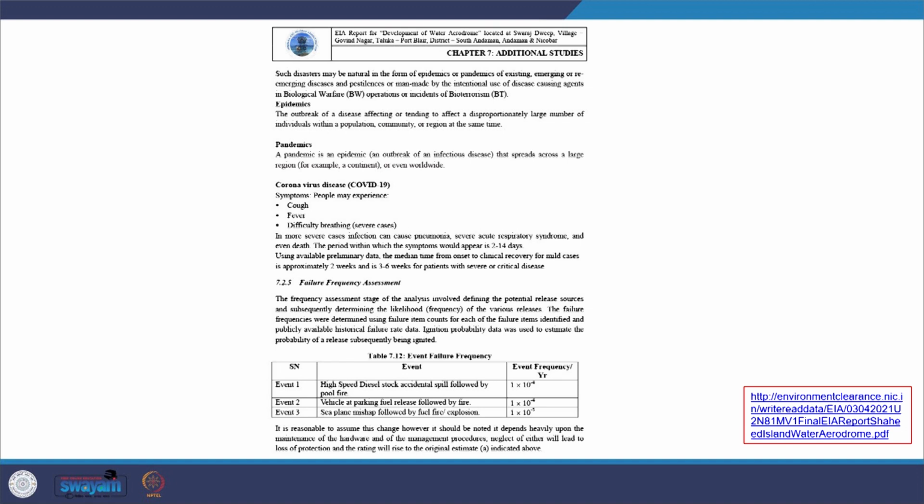You can see in the table: high speed diesel stock accidental spill, followed by pool fire. So event frequency, you see it's very, very less likely to happen in a year. Then event 2, vehicle at parking fuel release, followed by fire. Event 3, seaplane mishap, followed by fuel fire and explosion.